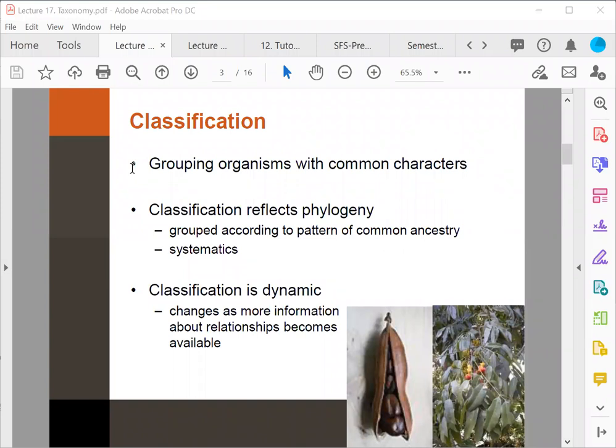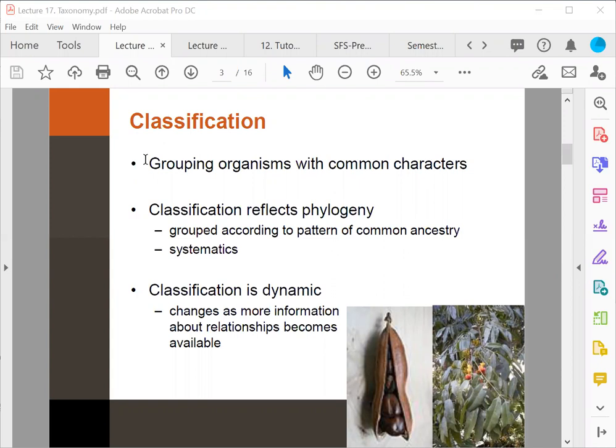You can just use words such as marsupial or mammal or angiosperm, and each of those words is associated with a very specific set of common characters that link those organisms within that group. So it's a very efficient way of transmitting information, but classification actually does more than that.